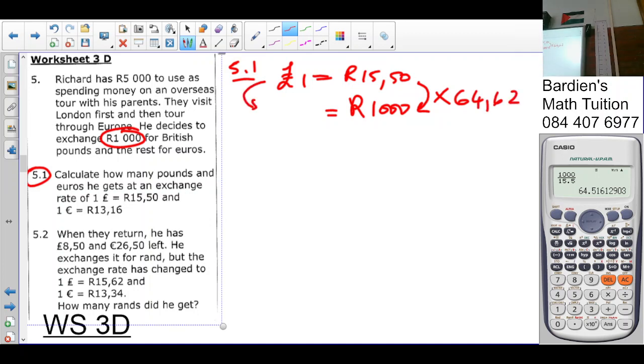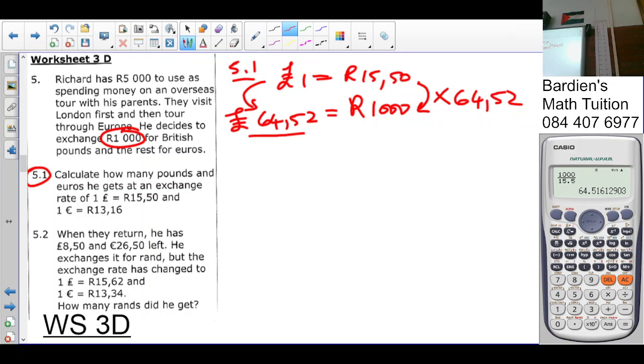I was multiplying this also by that amount. So we got 64.52 pounds. That's the one amount they're looking for.